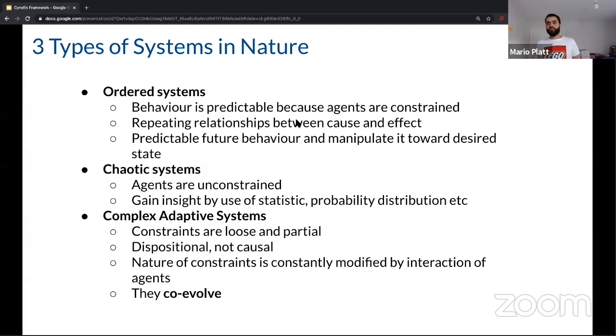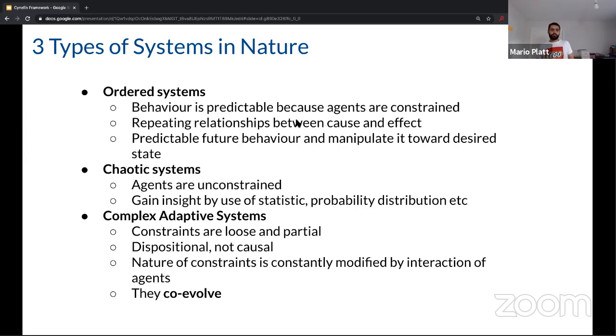What we want to do is add some constraints so we can create some structure, but knowing that the introduction of these constraints will create a new type of system. As soon as we put in constraints, we change the system itself, and that's going to become important a bit later. But if we get there on purpose, that's where we can find radical innovation. Companies that are very good at radical innovation go into chaotic, remove all constraints, and see the things that emerge.